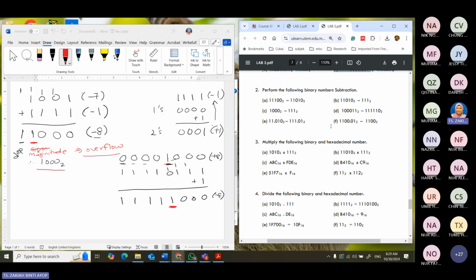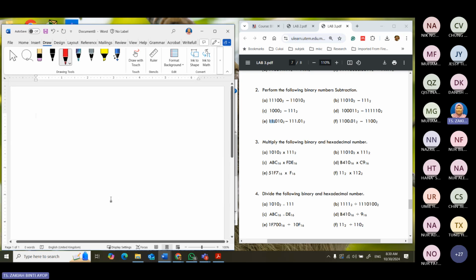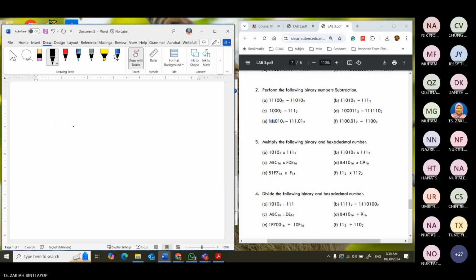For question 2, it's a normal subtraction. So for question E, there are cases of a negative number, right?